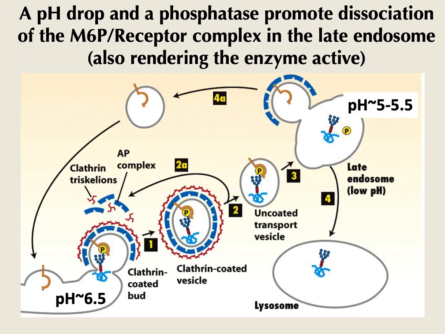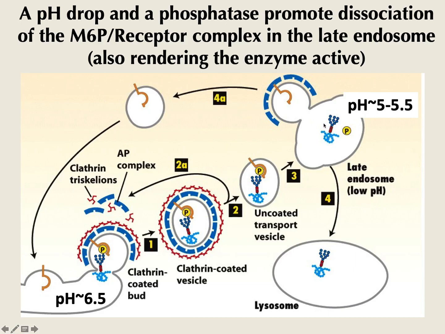So, right, let's not forget the step where the vesicle has to shed its coat. That's upon GTP hydrolysis by ARF. Now you have a vesicle ready to fuse with the late endosome, and this is where things happen, right? So here you have, this cartoon is kind of interesting because it represents three essential things.